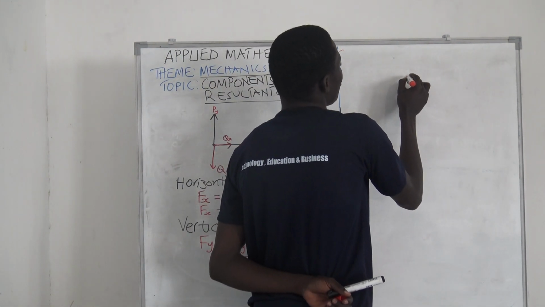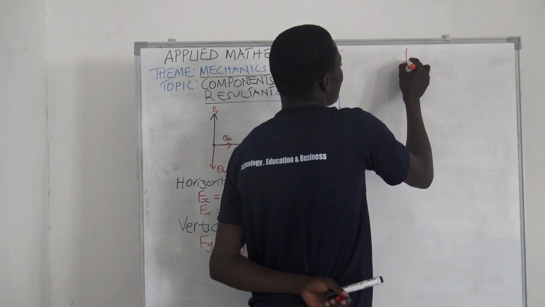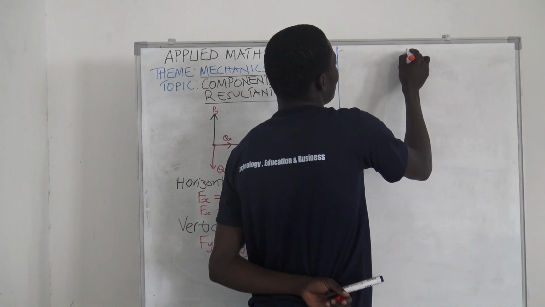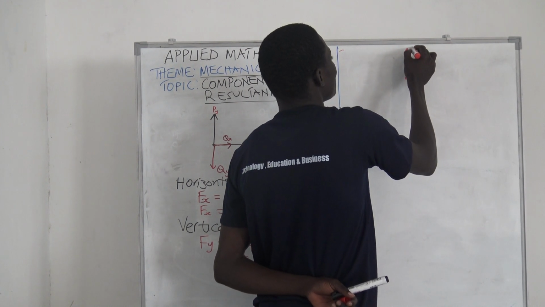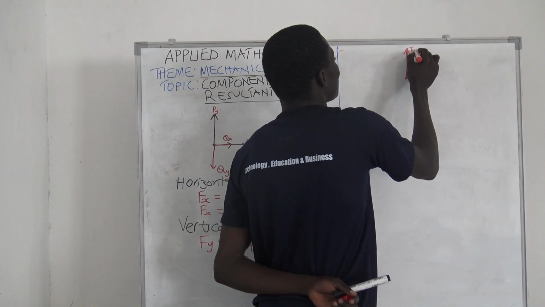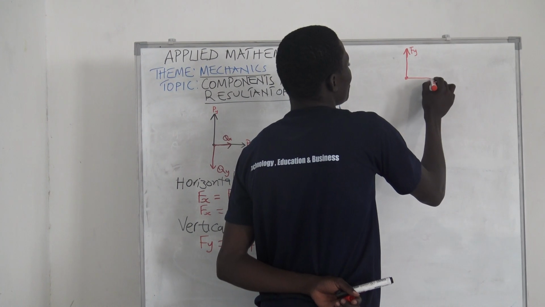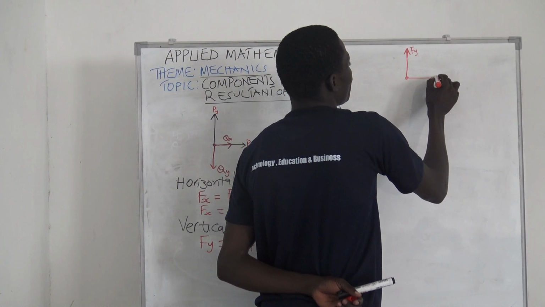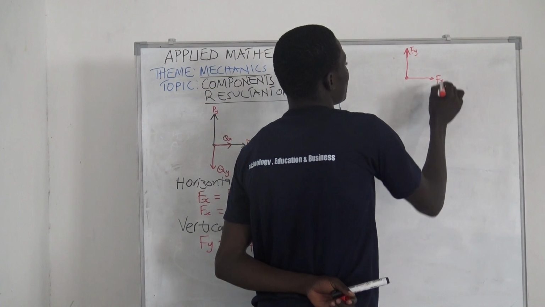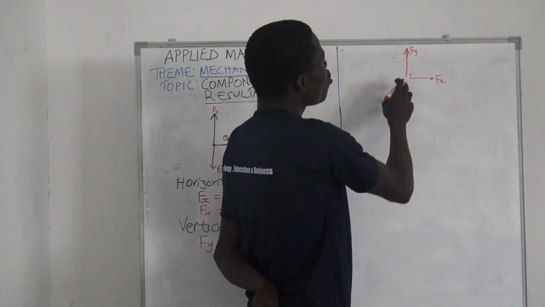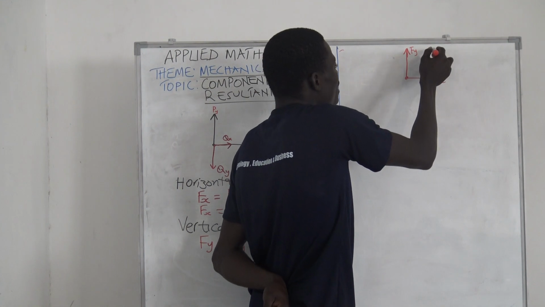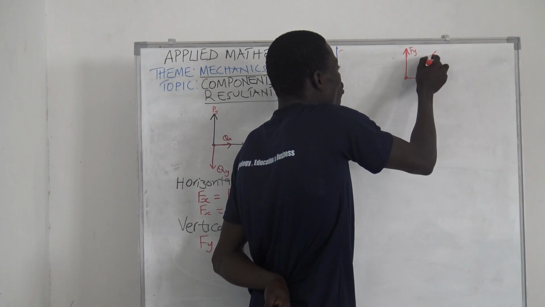This is our particle. We have the vertical component, which we said is Fy, and then the horizontal component, which we said is Fx. The resultant between these two forces acts at a given angle.